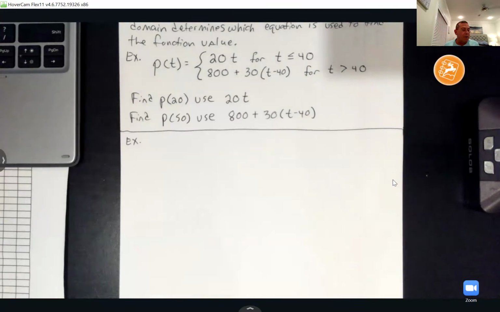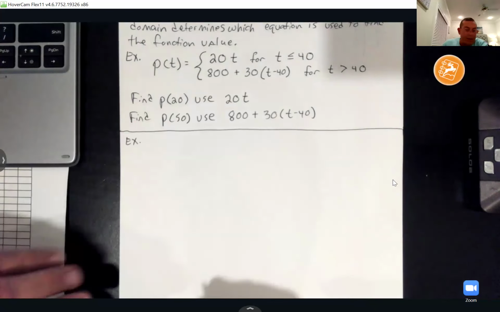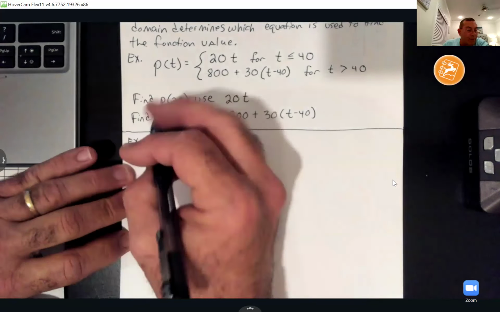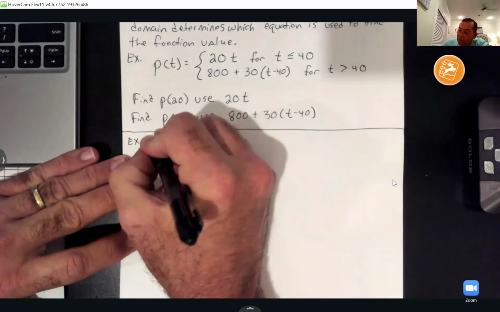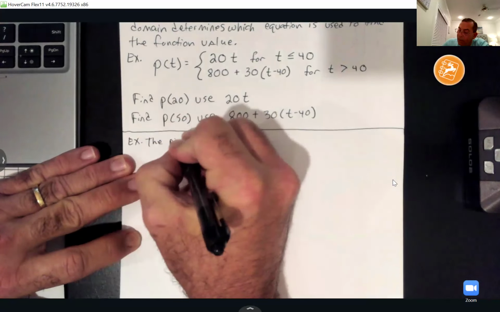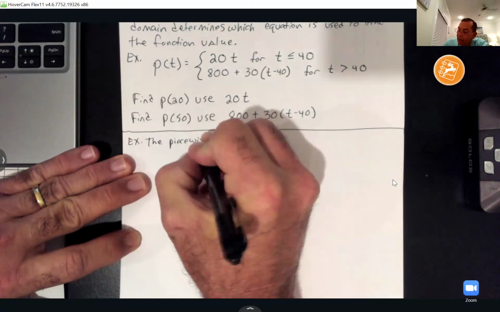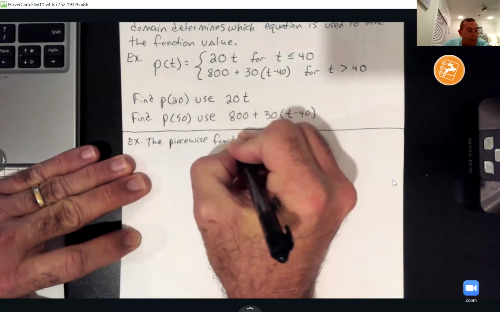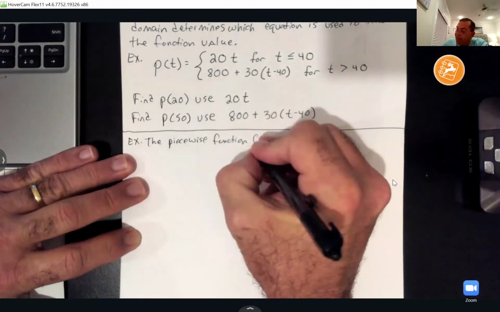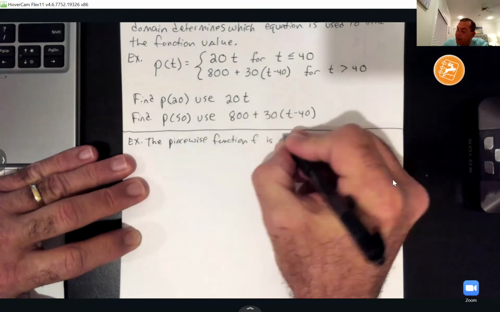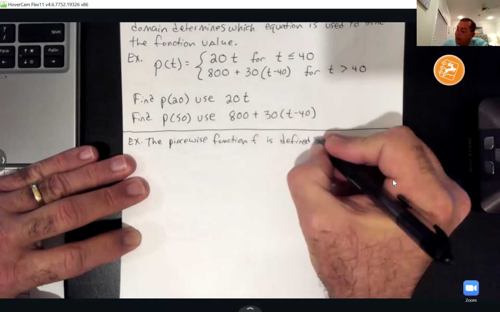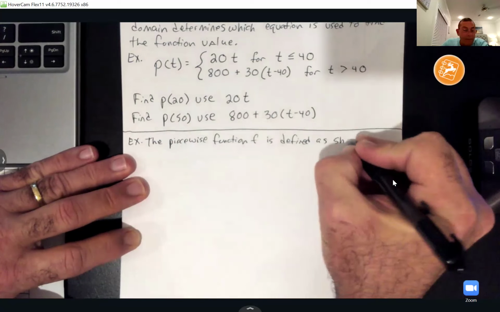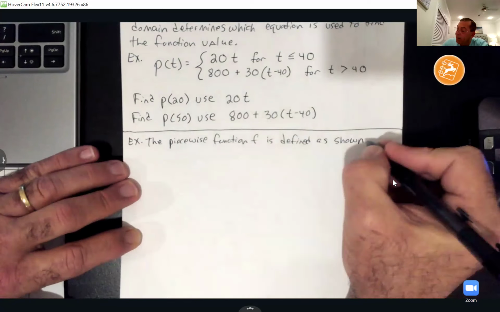All right, y'all. So for college algebra, they say the piecewise function f is defined as shown to the right.